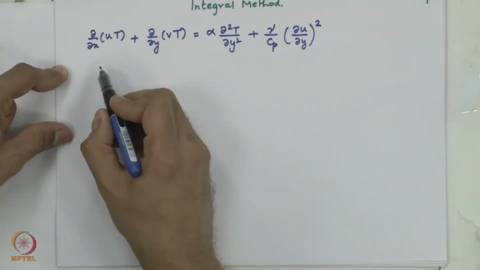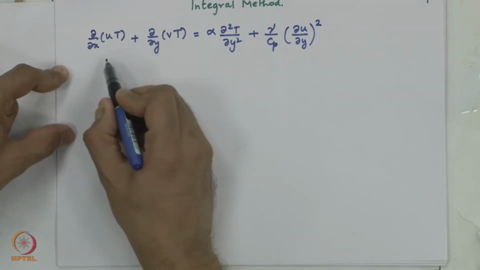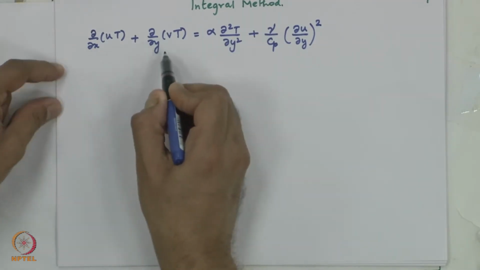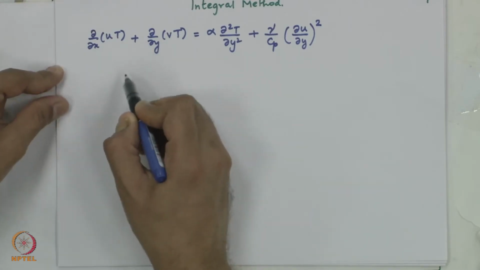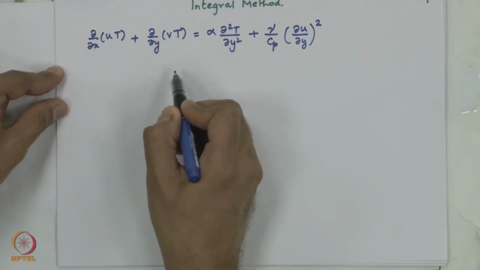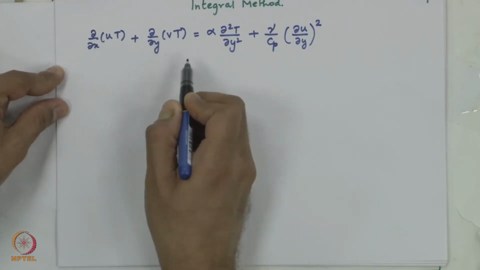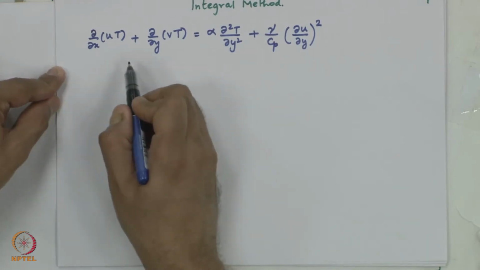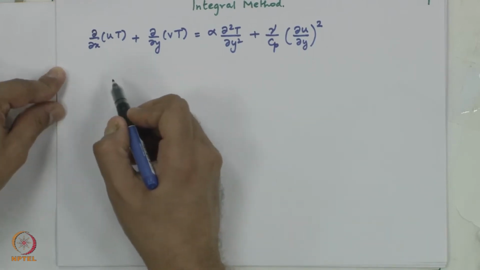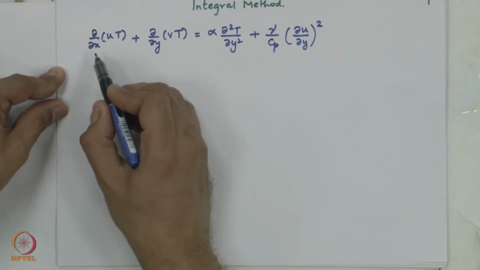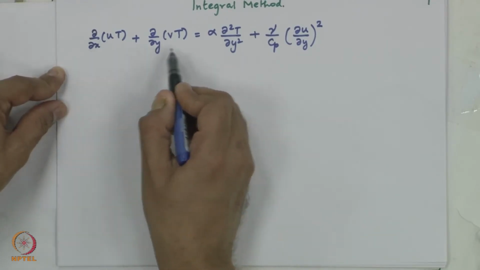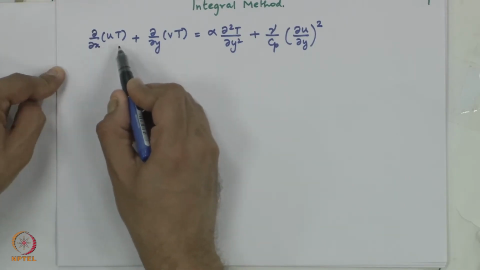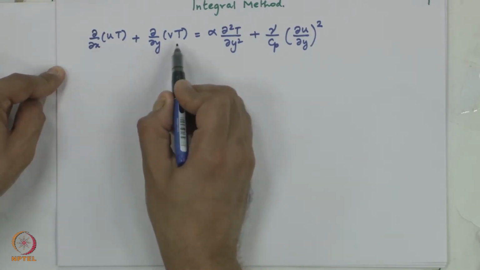When you start off with this form, this can be written as u dT by dx plus v dT by dy plus T times (du by dx plus dv by dy). The du by dx plus dv by dy goes to 0 by the continuity equation. So, the left hand side of the energy equation, rho Cp times (u dT by dx plus v dT by dy), can be written as rho Cp times (d by dx of uT plus d by dy of vT).